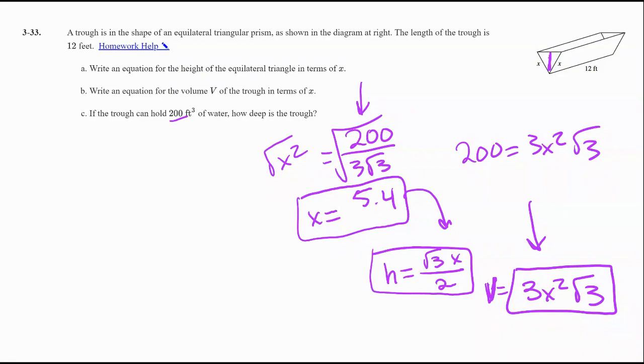I'm first going to do 200 divided by 3 root 3, and take the square root of that. Oh, that's 6.2? Sorry, I guess this one should have been 6.2. Sorry about not checking my answers before this. Kind of a long video anyways.